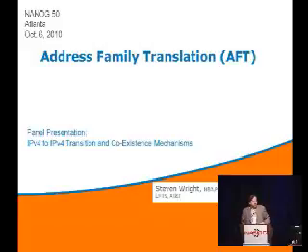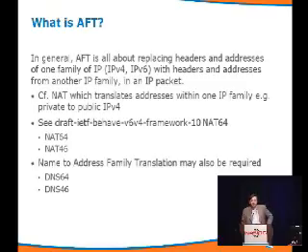It's already come up in some of the earlier talks that when you've got a v6 network and a v4 network, somebody on one network is going to want to talk to the other, and that gets you into the problem of doing the translation. So in general, AFT is all about NAT. It's all about doing address translation between a v4 address and a v6 address, as opposed to the traditional NAT, which is from private to public within the v4 space.